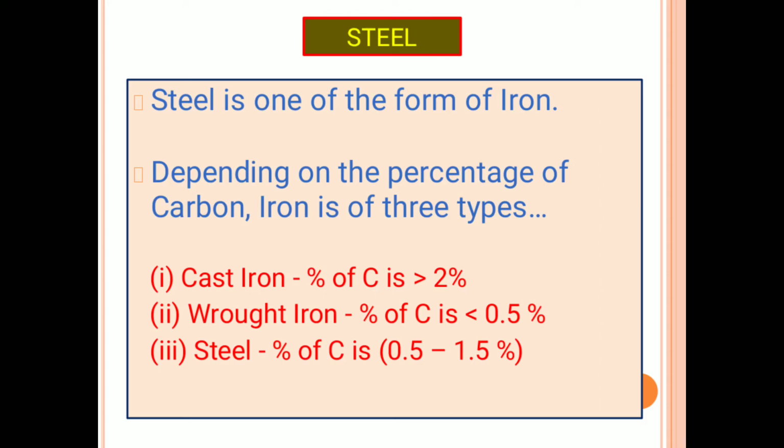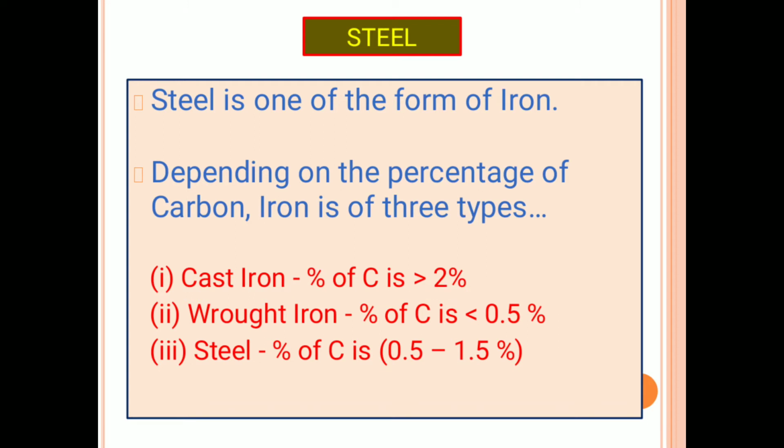What is steel? Generally, steel is one of the forms of iron. Depending on the percentage of carbon, iron is of three types. First one is cast iron. Here the percentage of carbon is greater than 2%.